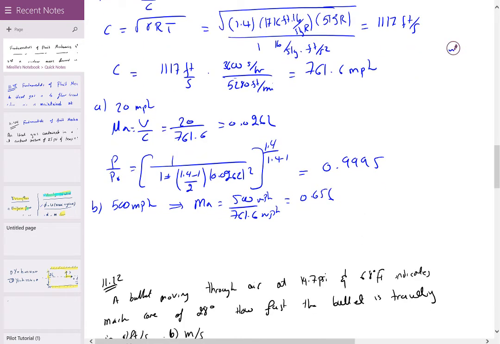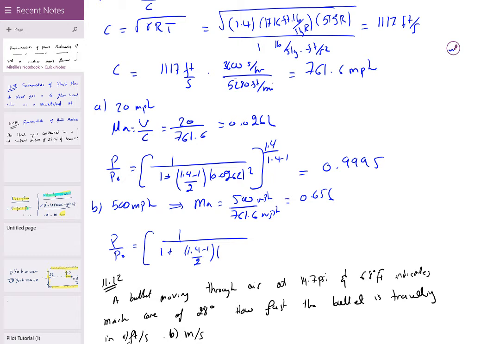Substituting that in P by P naught, I'll get 1 plus (1.4 minus 1) over 2 times 0.656 squared. Gamma over gamma minus 1 can be considered 3.5. That's what it is, 1.4 over 1.4 minus 1. So the final answer is 0.749.